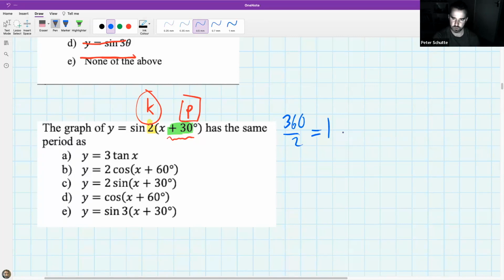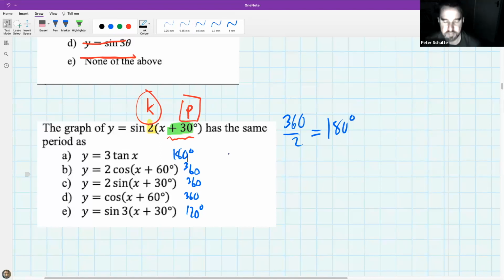And the period of this graph is going to be 180. Now, it would be helpful to know the period of these graphs. Which of these 5 has the same period as the original?